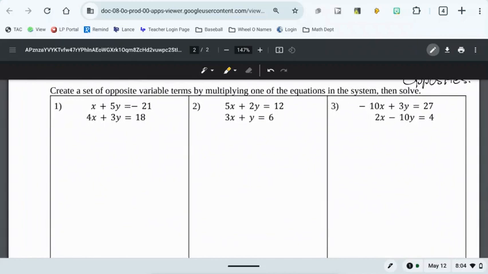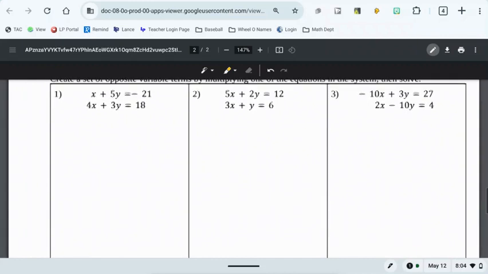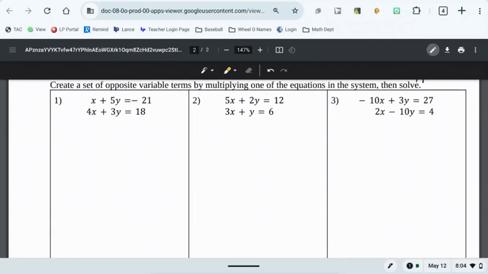So example number 1, we'll do 2 together. You'll do the third one by yourself. So if I look at number 1, we need to just be a little observant here. The coefficient of x is 1, and the coefficient of y is 5. Now if we look at the x values, remember we want the opposite of +4. We can turn the 1 into a -4 by multiplying by -4.